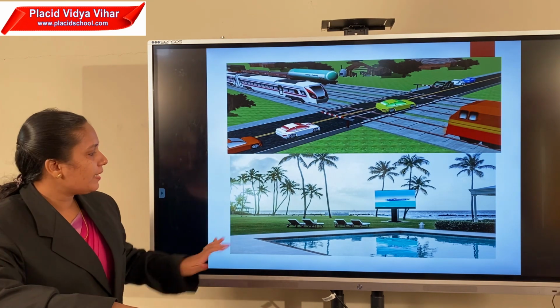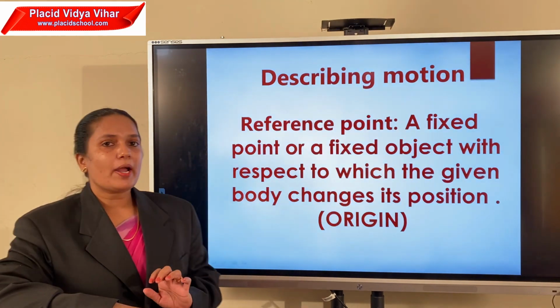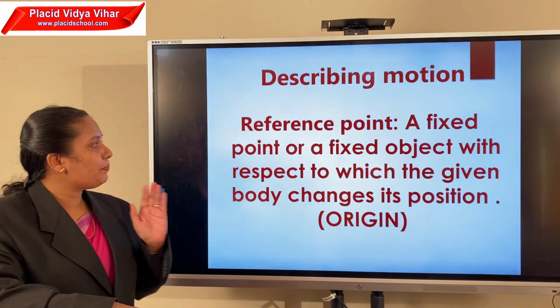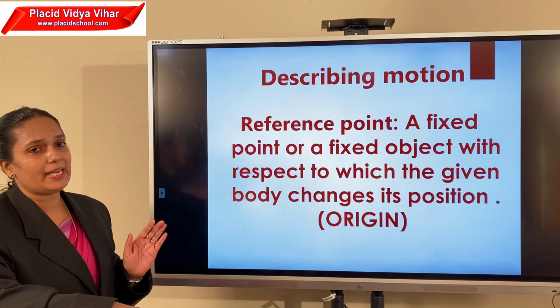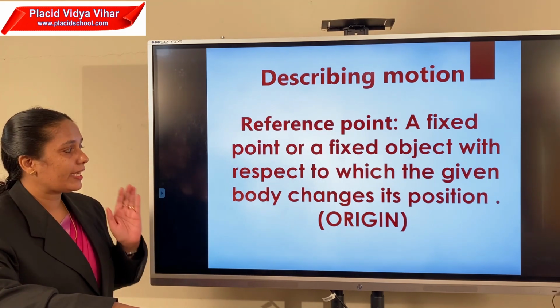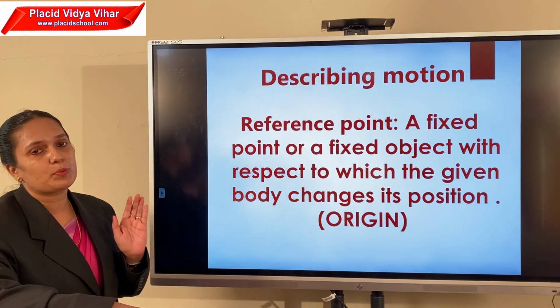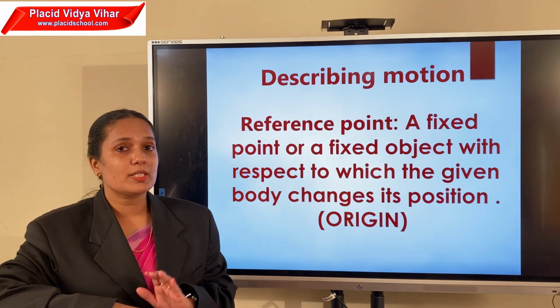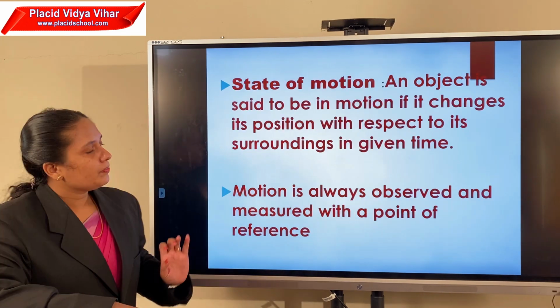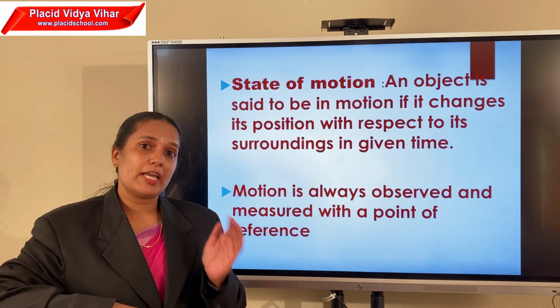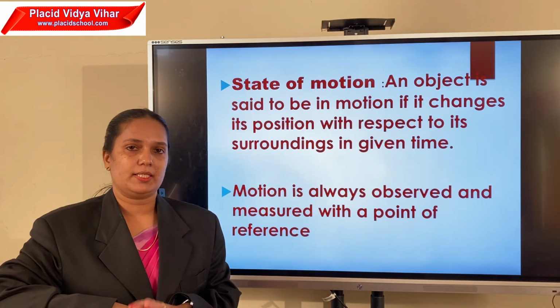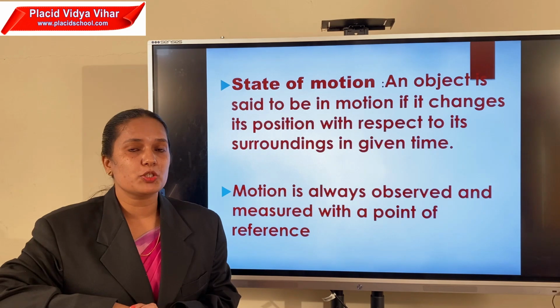So we can define a reference point as a fixed point or a fixed object with respect to which the given body changes its position. It is also known as origin. Now we can define what is state of motion and state of rest. What is state of motion?